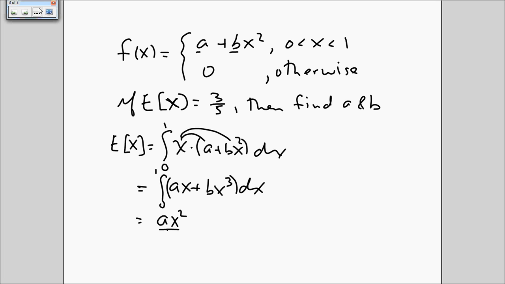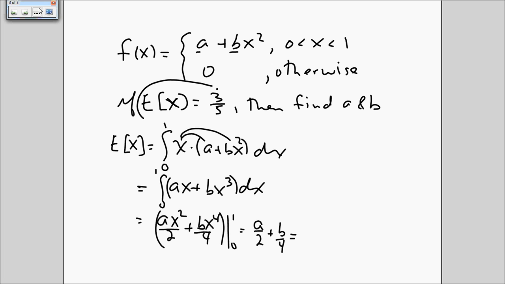The antiderivative is ax squared over 2 plus bx to the 4th over 4 from 0 to 1, which gives us a over 2 plus b over 4, and we are told that that value is 3/5. So we have one equation here.